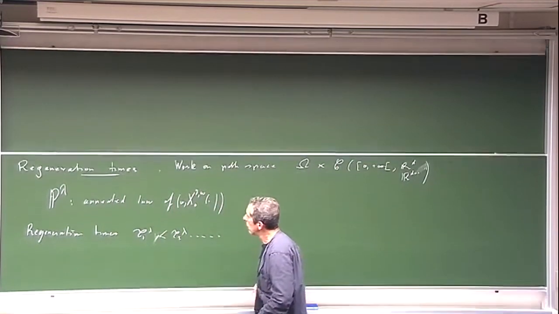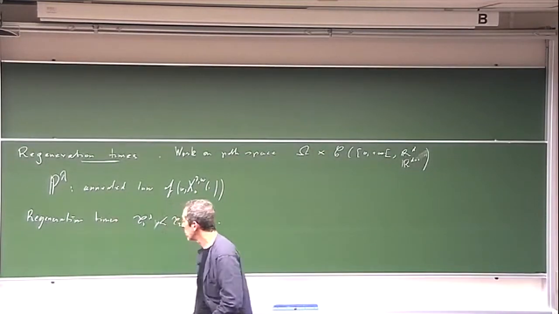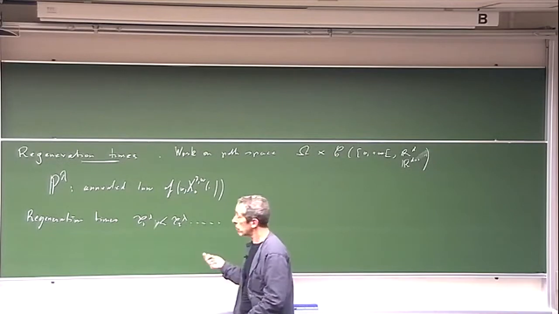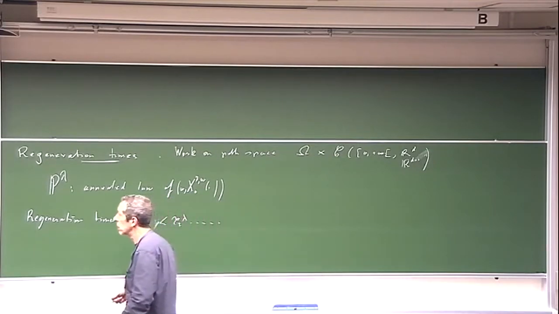And if we think about only the first statement, the law of large numbers for X^λ, then these regeneration times will have this property that they split the trajectory into i.i.d. pieces.